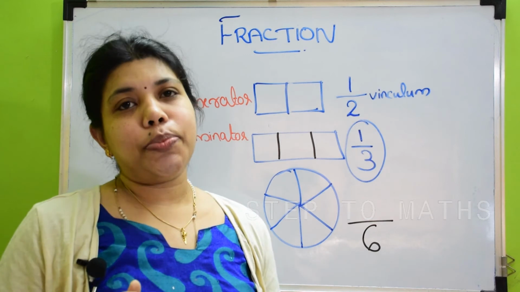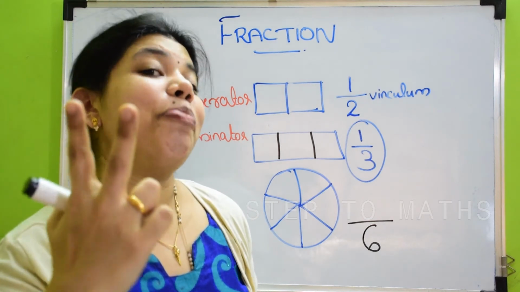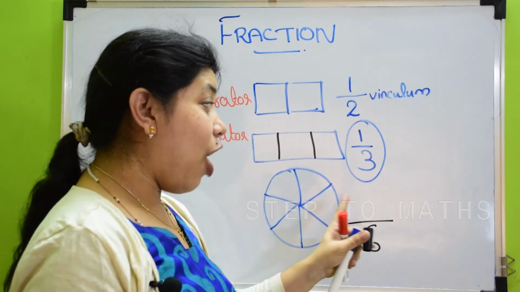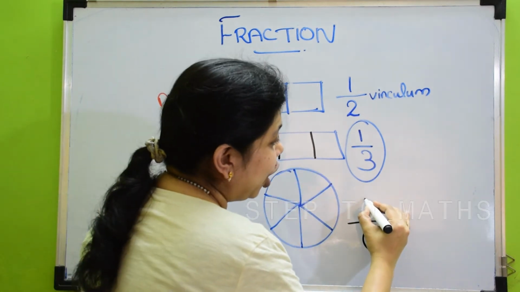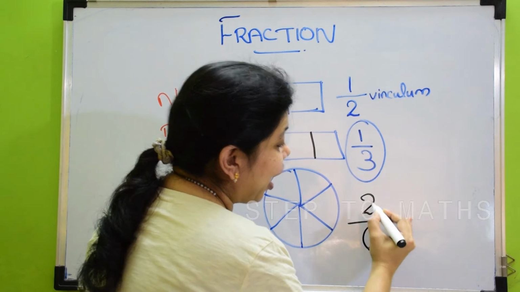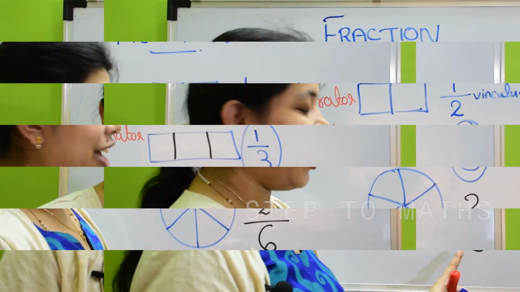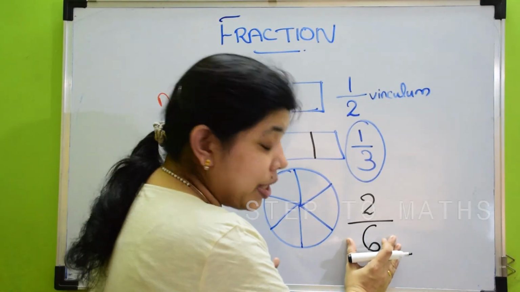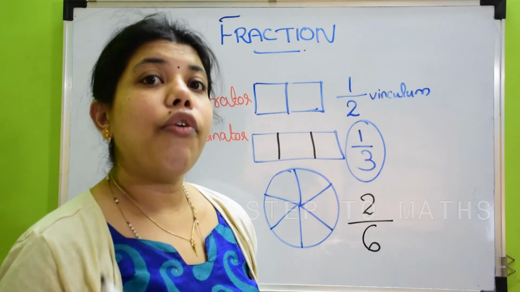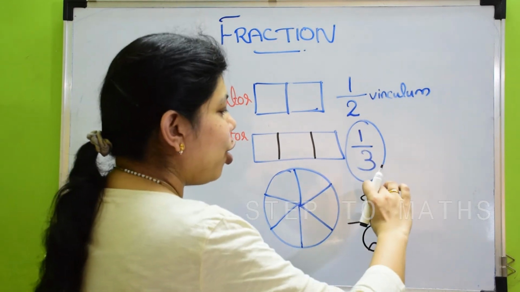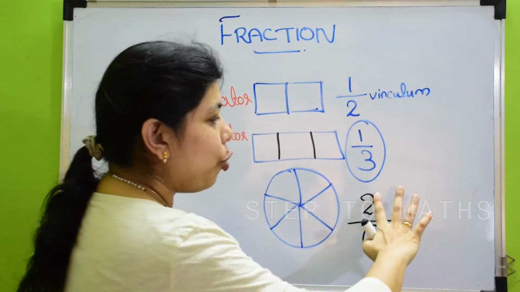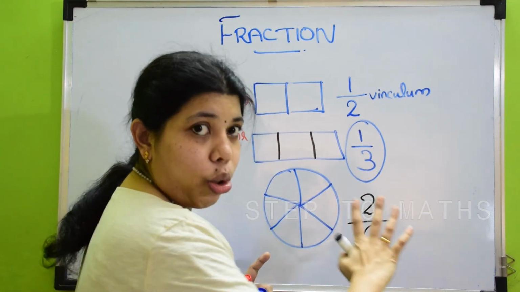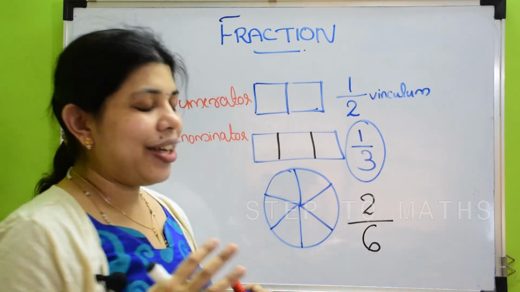Out of these 6 pieces, you take 2 pieces. Then what do we have to write in the numerator? If we take 2 pieces, we write 2. Total 6 pieces are available. Out of 6 pieces, 2 pieces you take. That we can represent as 2 upon 6 or 2 over 6.